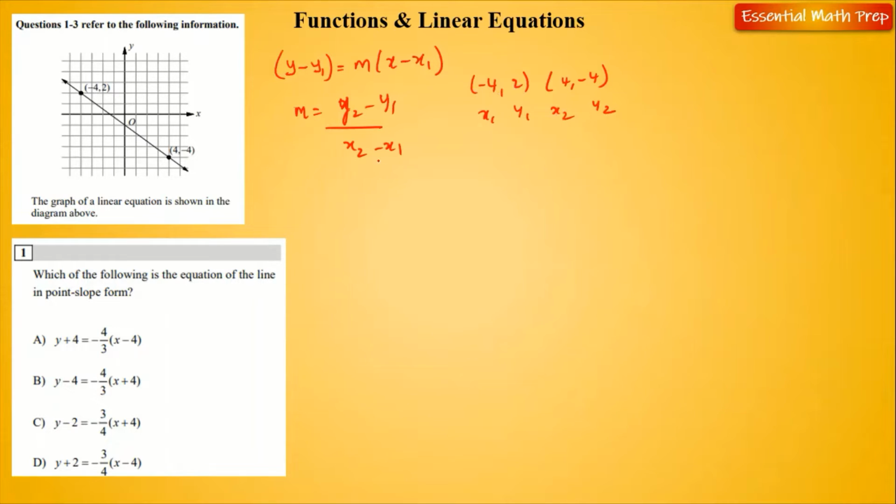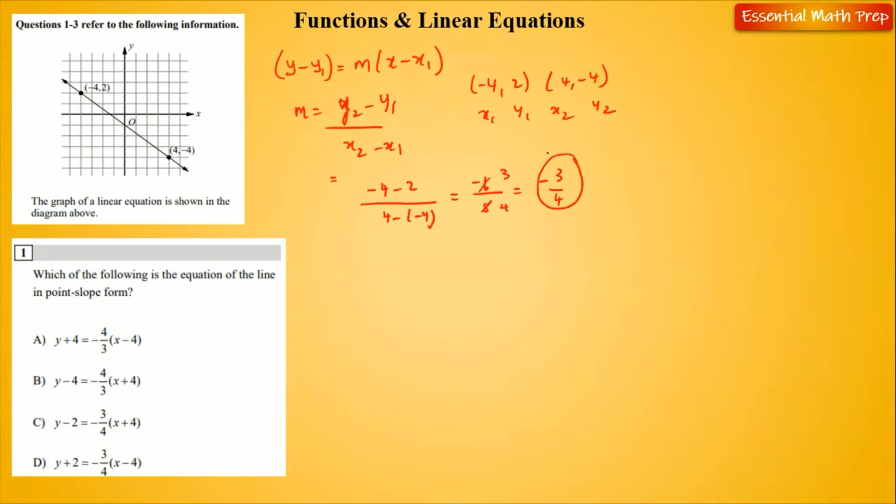So that means slope is negative 4 minus 2 over 4 minus of minus 4, and this is why I recommend you use brackets, especially when you're dealing with negatives. So it's negative 6 over 8, and that's negative 2 times 3, 2 times 4, negative 3 over 4.